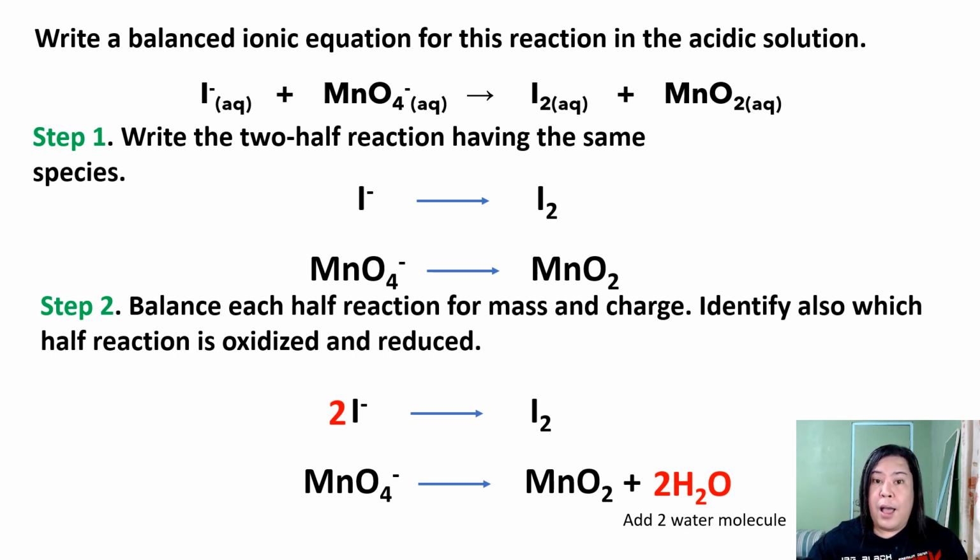There is none on the other side, so you now add 4 hydrogen ions, H+, to balance the hydrogen on the product side. In this step 2, the mass of the reactant and product is already balanced.